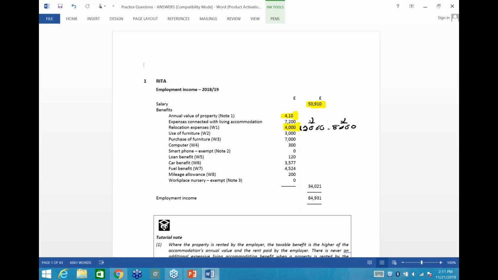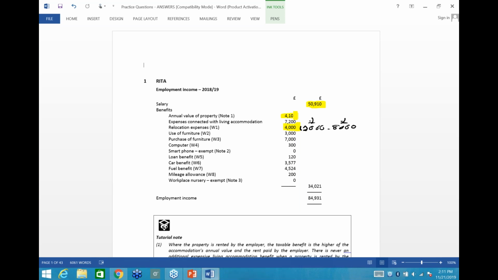Then there is something called additional charge. This additional charge will only arise if the accommodation provided by the employer falls within the category of expensive accommodation.